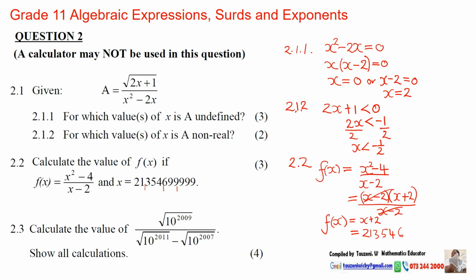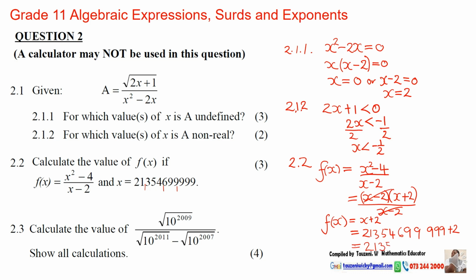So I'm just doing substitution here. In place of x, we put the number that has been provided as the value of x, and then we add that to 2. If we add 2, then we have our answer for this question.